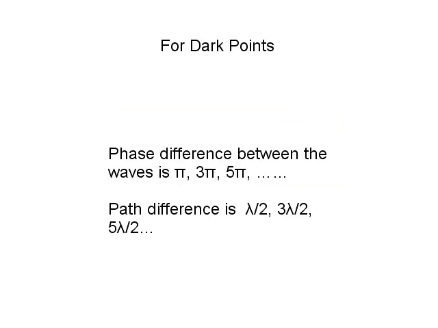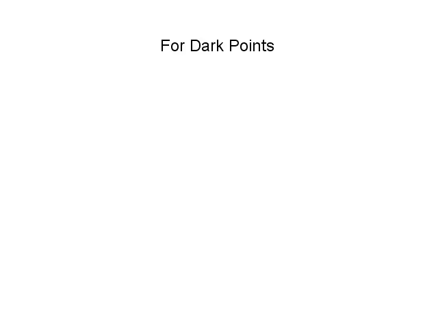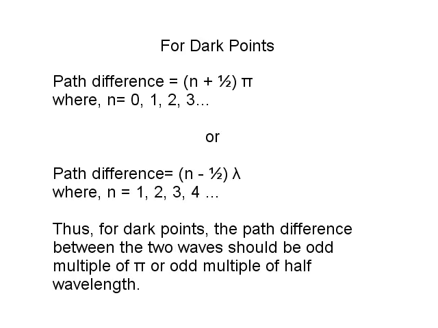This happens only when the phase difference between the waves is pi, 3 pi, 5 pi, etc. or the path difference is lambda by 2, 3 lambda by 2, 5 lambda by 2, etc. In general, for dark points, path difference is n plus half into lambda, where n is 0, 1, 2, 3, etc. or path difference is n minus half into lambda, where n is 1, 2, 3, 4, etc.